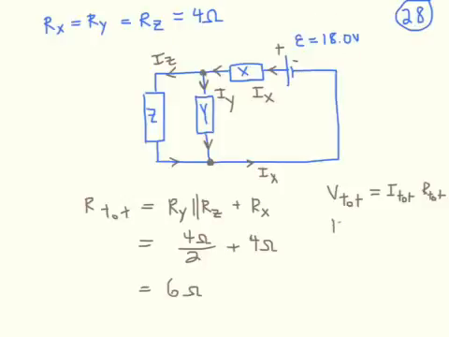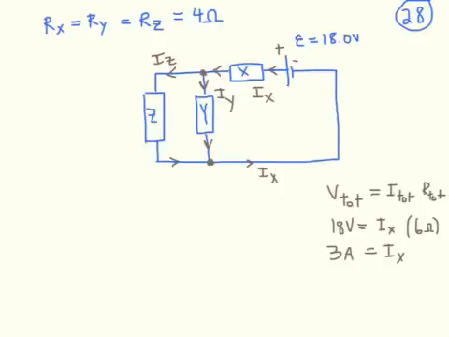So this value here is 18. I total is no different from the current through X. All of the current in the circuit goes through X before branching off, and then it joins back up and it all goes through X again. The total resistance we just found, that's 6 ohms. Dividing both sides, Ix is 3 amps.